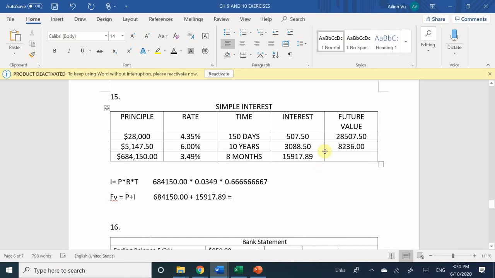684,150. That number can't be right. Don't double-guess yourself. Okay, I've got 684,150 plus the 15,917.89, I'll come up with 700,000. That can't be right.